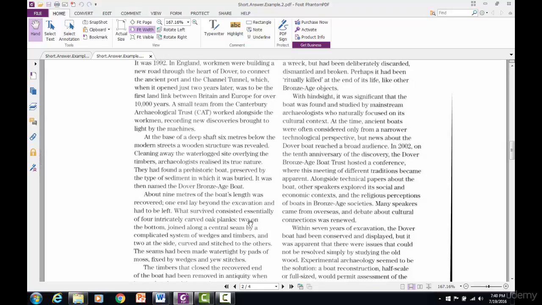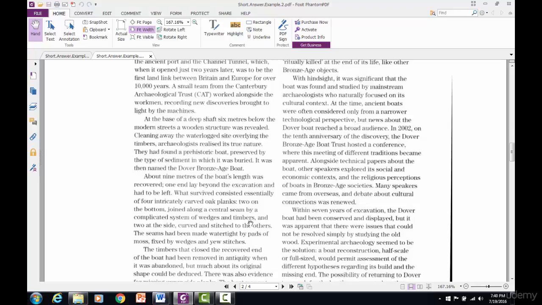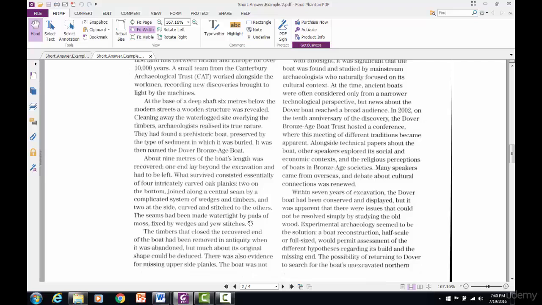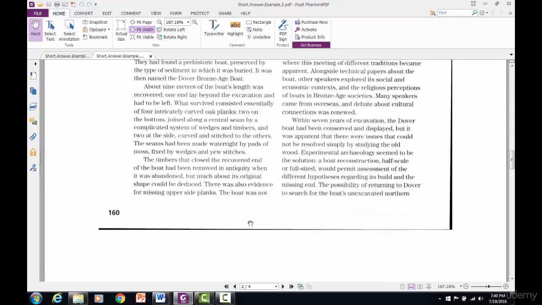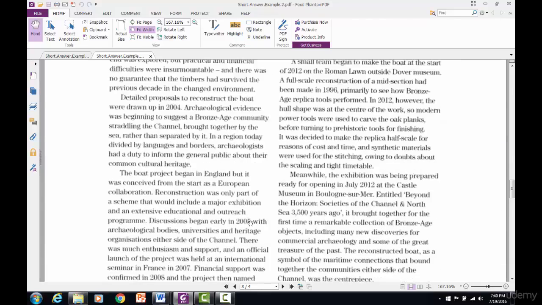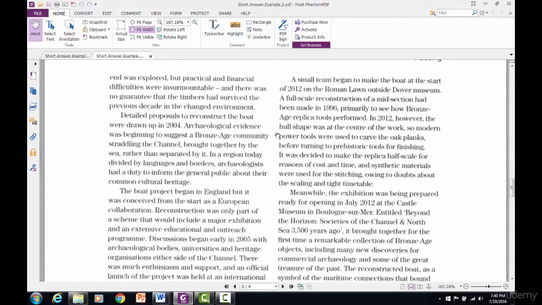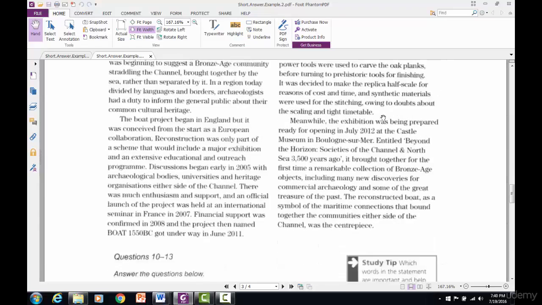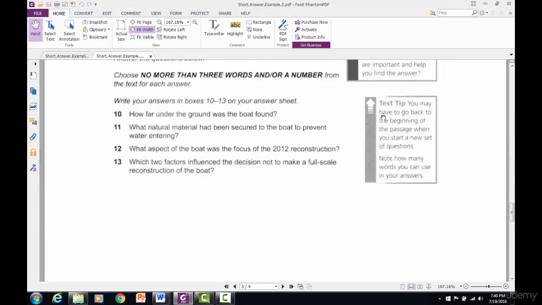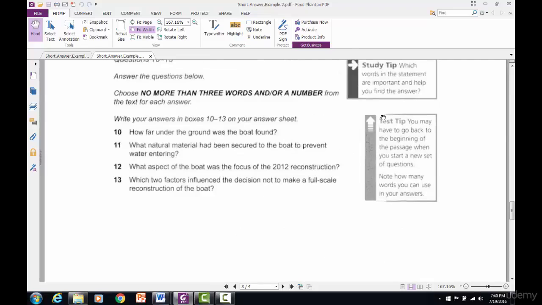As I was scanning up, I saw the number 2012, but I don't see it on this. I see 2002, but I don't see 2012. All right, and here's 2012 over here, and here we have 2012. All right, so our question says, what aspect of the boat was the focus of the 2012 reconstruction?